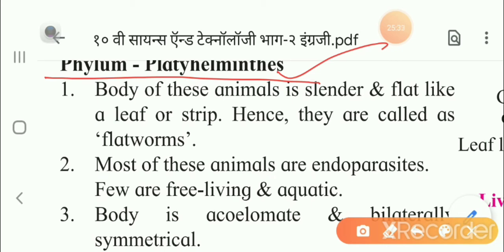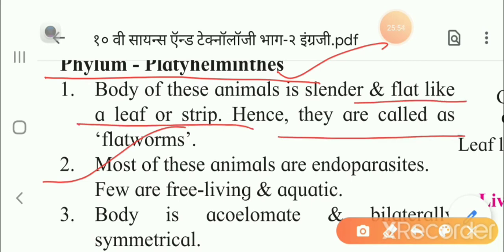That means they are parasites inside the body of a living organism. Some of them are free living and aquatic. And why they are called flatworms, I already told, that they are flat like a leaf or strip, hence they are called flatworms.